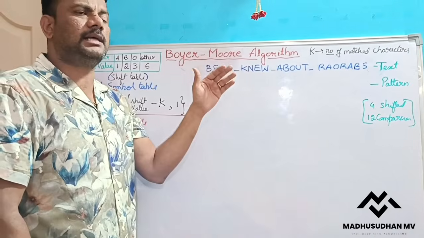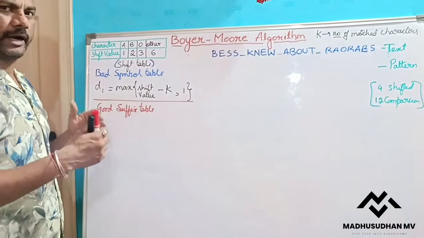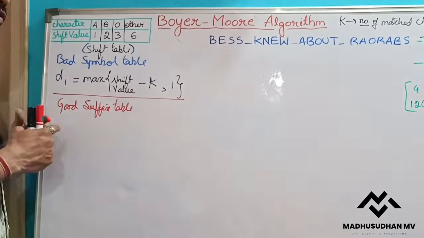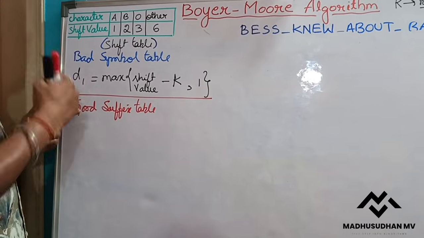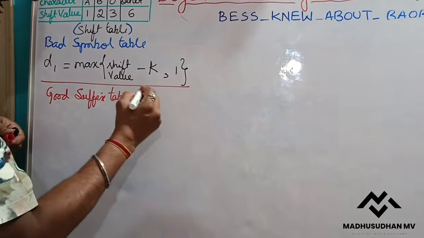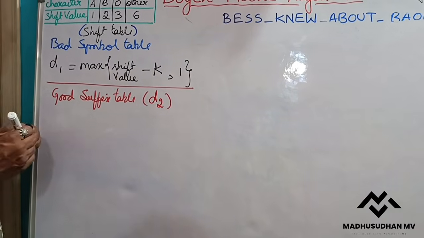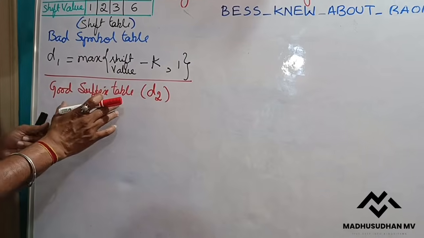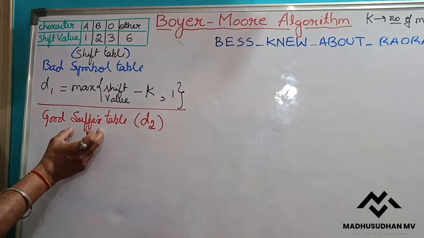Suppose it occurs after some successful comparisons; then it will find out whether it has to move the distance either by d1, the bad symbol table, or by d2, the good suffix table. This distance is called d2. It finds this out after a few successful comparisons, so that's what the good suffix table is called.